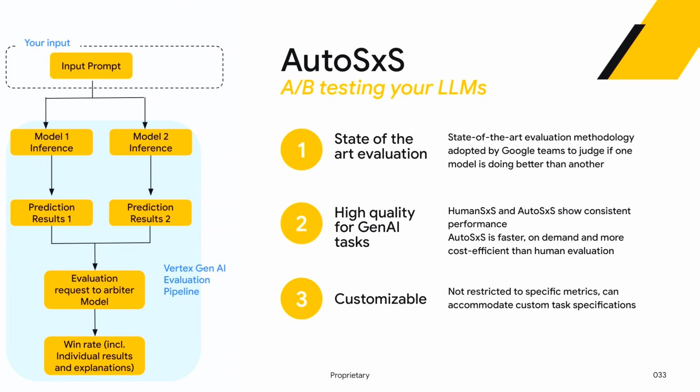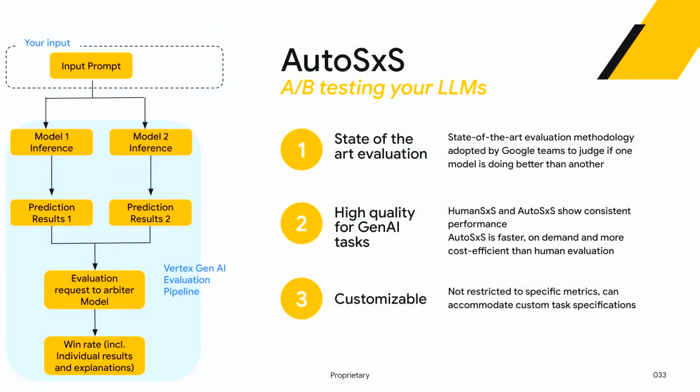Today, I'm really, really excited to introduce auto side-by-side. This is one of the most advanced evaluation capabilities. This method is first of a kind. It's built by Google Research. It's how our internal teams evaluate model performance. This service is comparable to human evaluation, but it's faster, and it's available on demand.